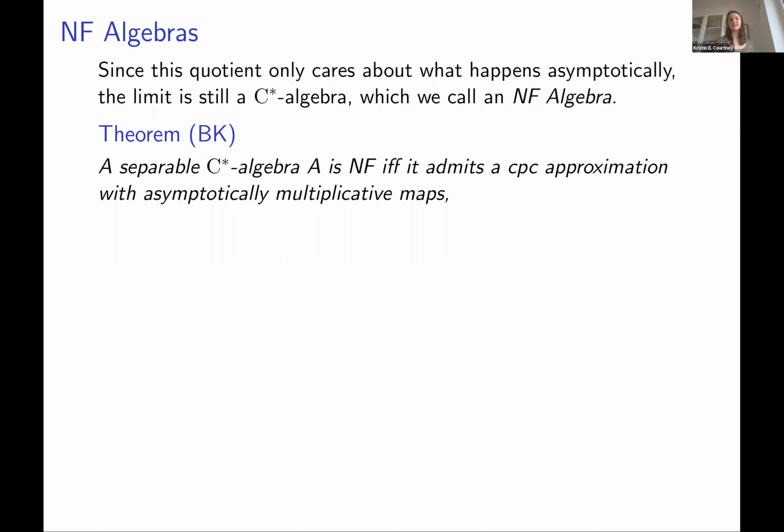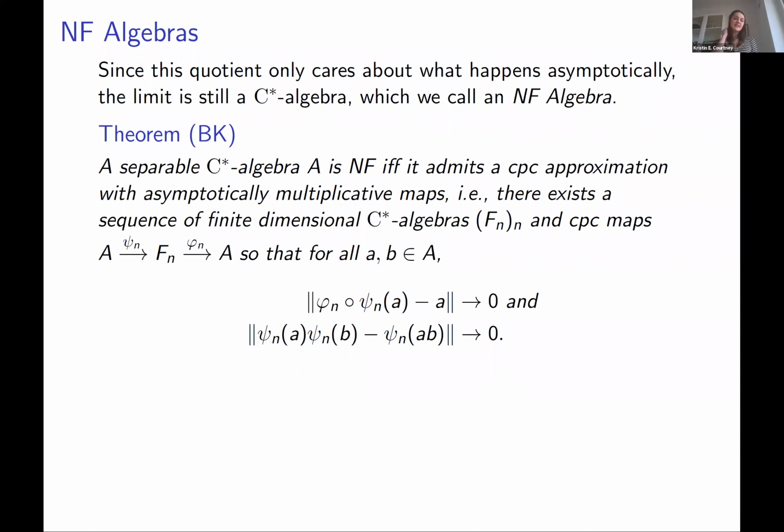Now, one reason this class is particularly interesting is Blackadar and Kirchberg showed that a separable C-star algebra is NF if and only if it admits a completely positive approximation with asymptotically multiplicative maps. So what does that mean?